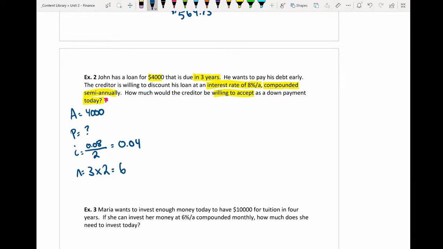I have all my information, so I can go back to my formula and, using the present value formula, fill in my information. So 4,000 divided by 1 plus 0.04 to the power of 6. Again, if you want to separate it, do it step by step.